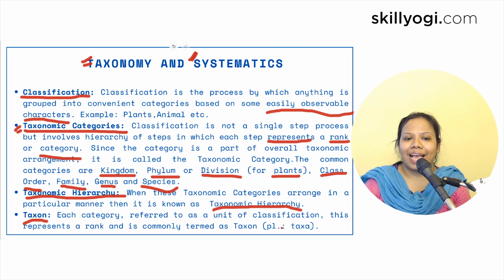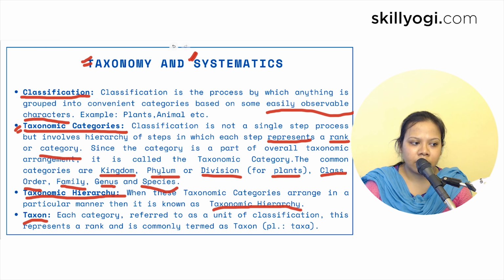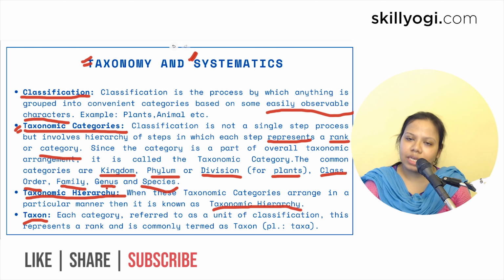And what is taxa? Each of these categories is known as a taxa. That means phylum is a taxa, kingdom is a taxa, class is a taxa, order is a taxa, family is a taxa, genus is a taxa, species is a taxa. Taxa is plural and taxon is singular.